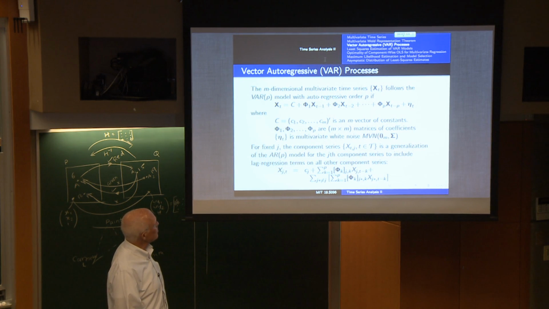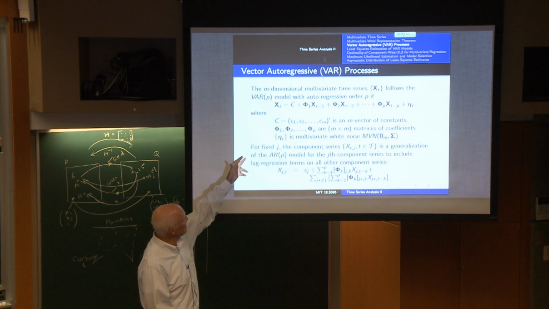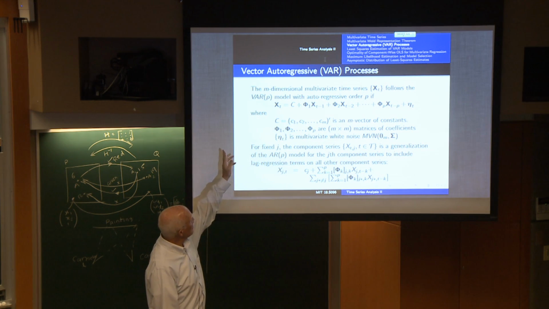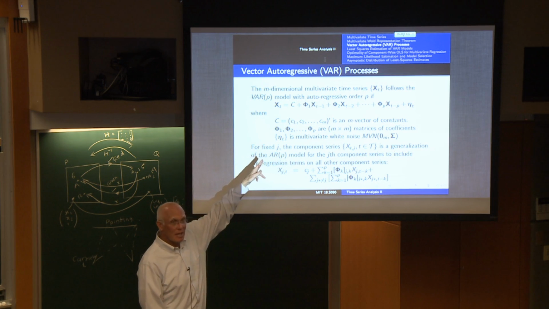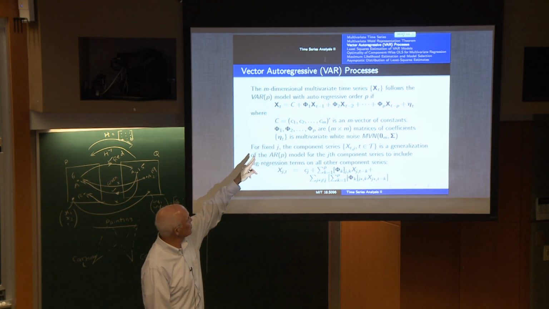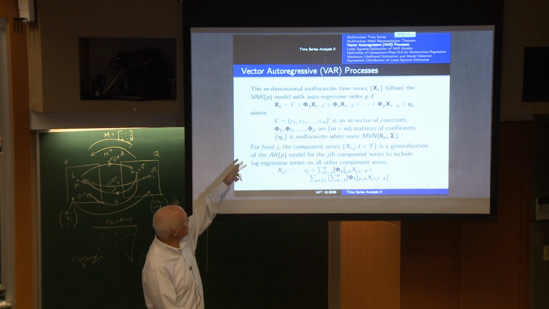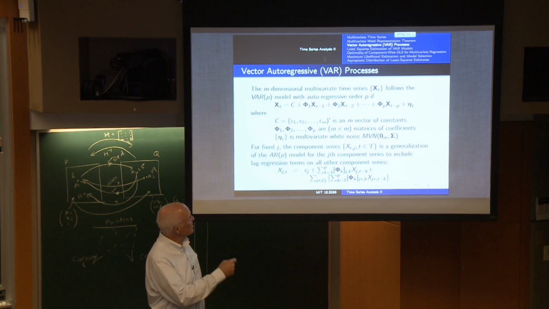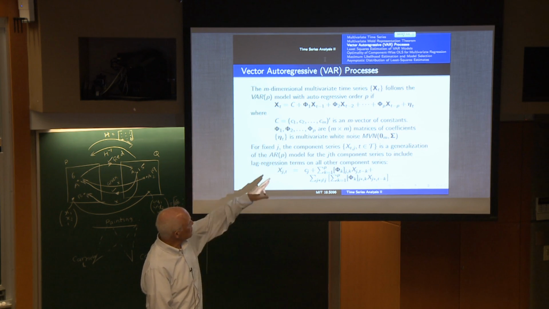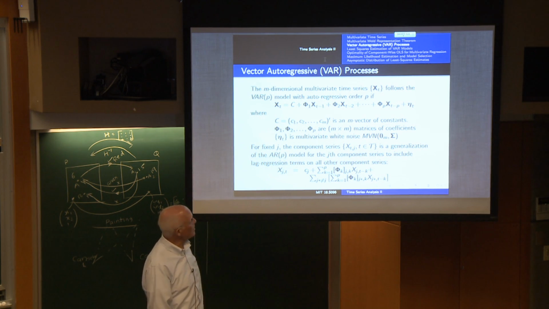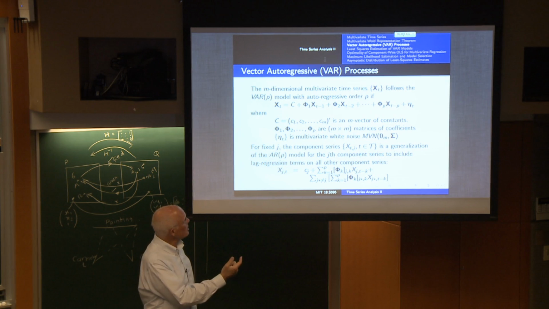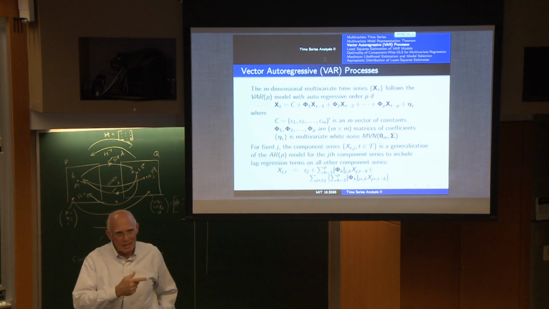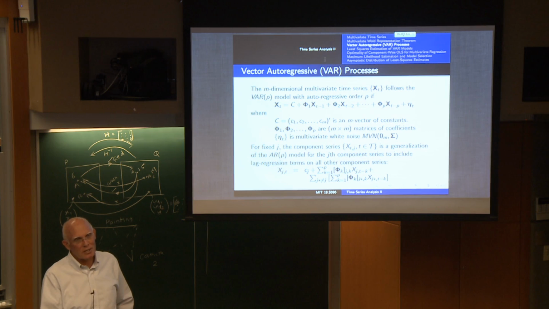That's going to be equal to some constant vector c plus a matrix phi1 times the first lag, Xt-1, plus another matrix phi2 times the second lag, Xt-2, up to the pth term, which is a phi p, m by m matrix, times Xt-p, plus this innovation term. So this is basically how a univariate autoregressive process extends to an m-variate case.